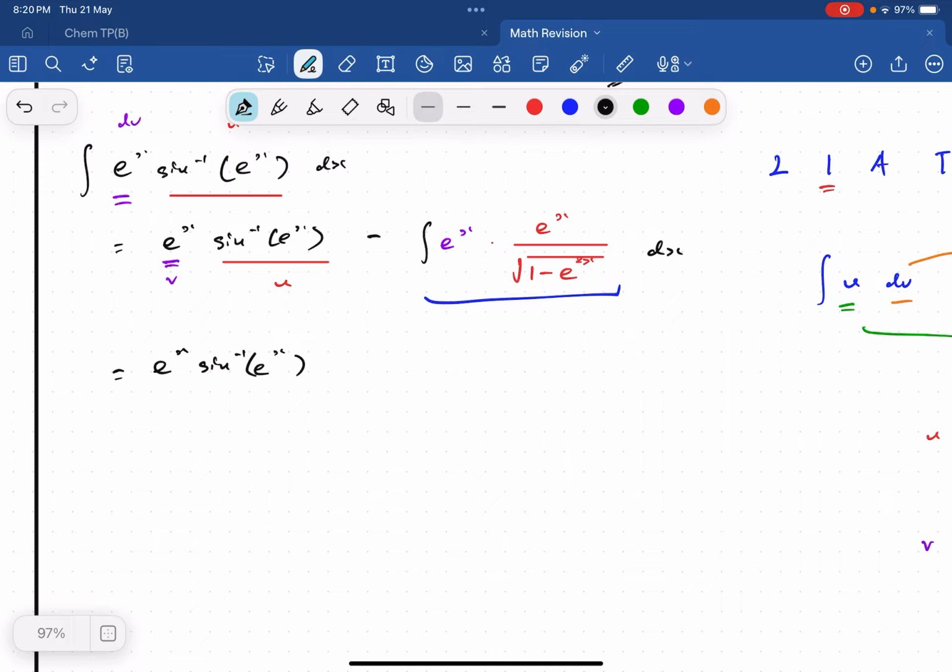Okay, now because I have e^x here and e^x here, first thing I'm going to do is combine it, and I'm going to make this e power 2x over 1 minus e power 2x. So what do you notice? What does this integral look really like?